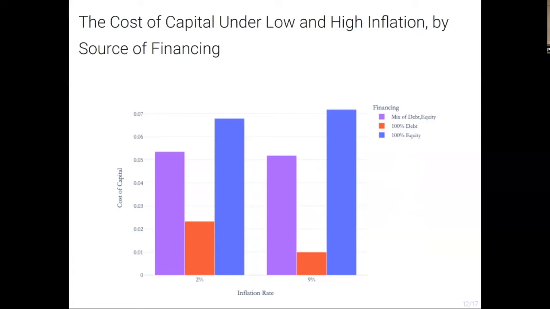And we're only seeing the higher cost of capital through the net present value of depreciation deductions declining. And you can see the cost of capital for equity finance investments with the blue line is increasing. For investments financed with a mix of debt and equity at their historic ratios, there's very little change in the cost of capital, maybe a slight decline when moving from 2% inflation to 9% inflation.